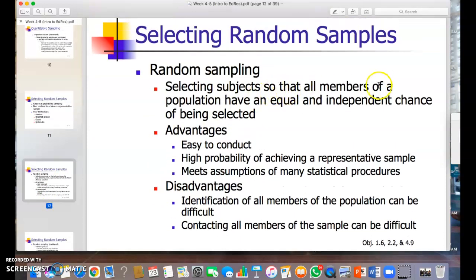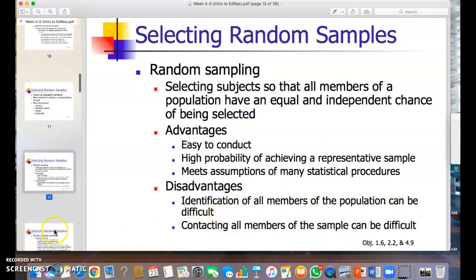It is selecting subjects so that all members of the population have an equal and independent chance of being selected. There are advantages and disadvantages. The advantage is that it is easy to conduct, with a high probability of achieving a representative sample, and it meets the assumptions of many statistical procedures. The disadvantages are that identifying all members of the population can be difficult, and contacting all members of the sample can be difficult as well.